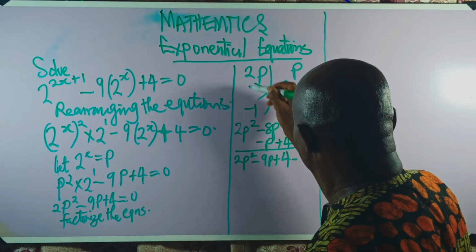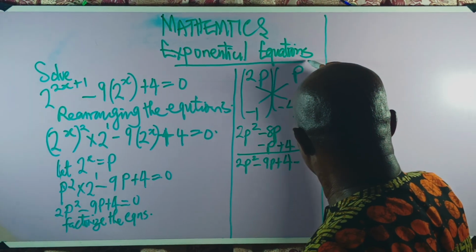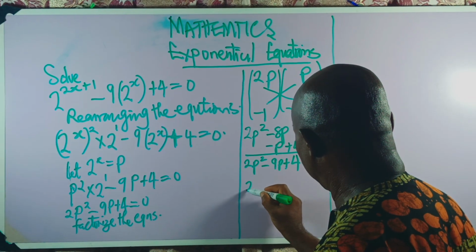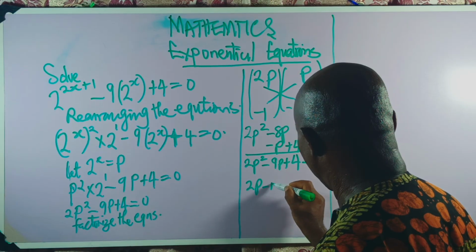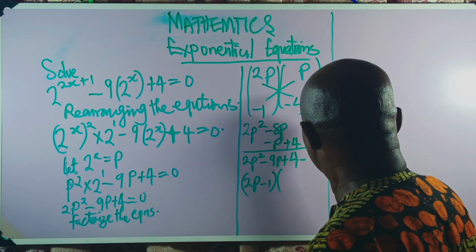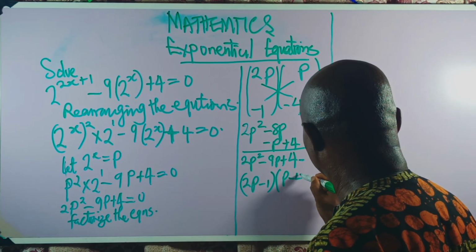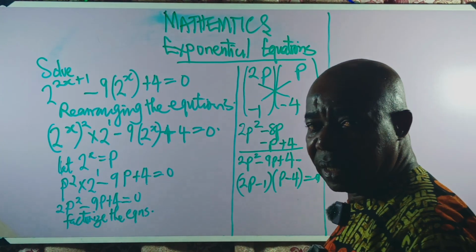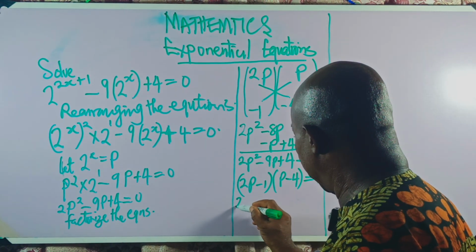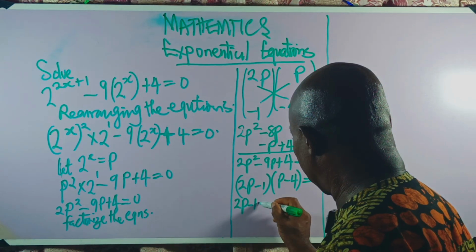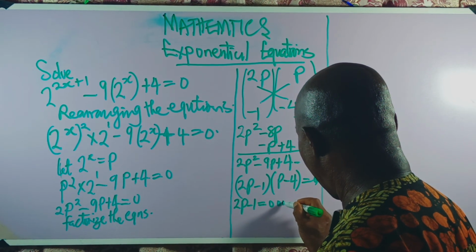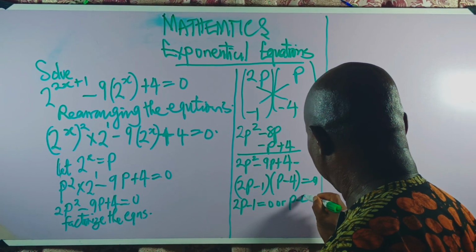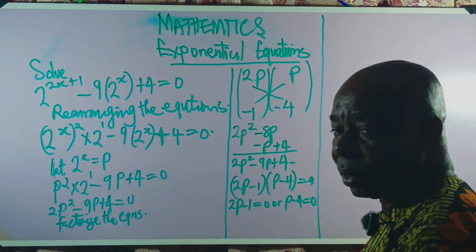So I can group this like this to give me 2p minus 1 and then p minus 4, and this is equals to 0. So it then means that 2p minus 1 is equals to 0, or that p minus 4 is equals to 0.